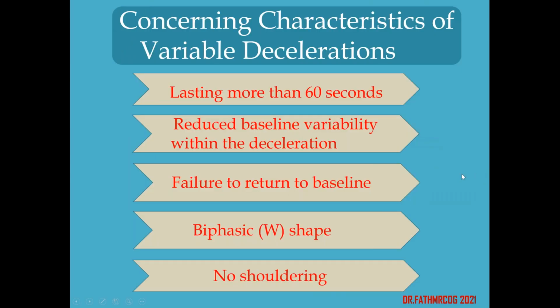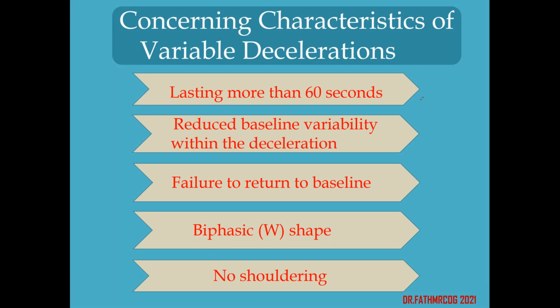So what about the concerning characteristics? We'll discuss variable deceleration with non-concerning and concerning features. What are the concerning characteristics of the variable deceleration? We have 5 concerning characteristics. The first is long lasting, more than 60 seconds.